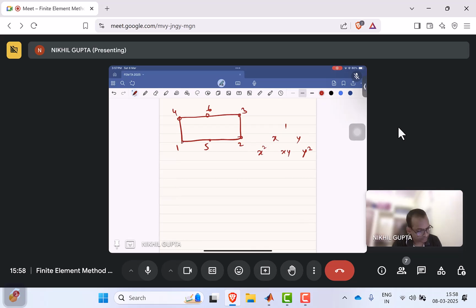I think C0 plus C1x plus C2y, then C3xy. How many points are there? Six, so six terms. One, two, three, four, five. This is the fifth term, no? C4 x square plus C5 y square. One, two, three, four, five, six. Okay, that's fine.